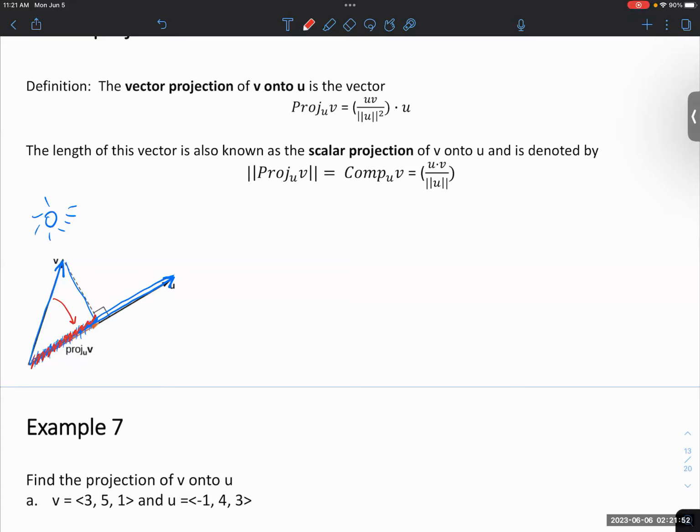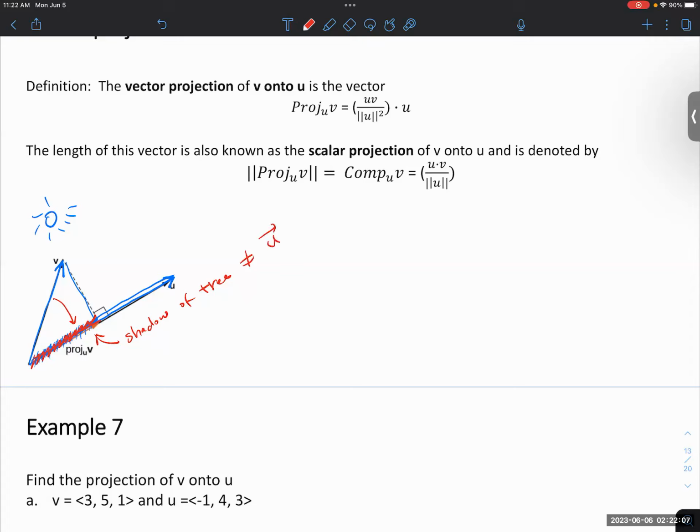Does it make sense? This means this length of the shadow, let's say this is the shadow of the tree, and this is not equal to the entire u vector.